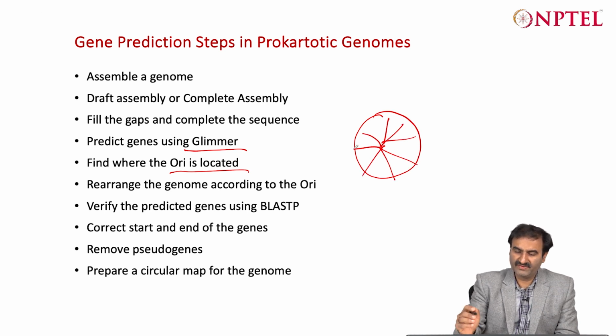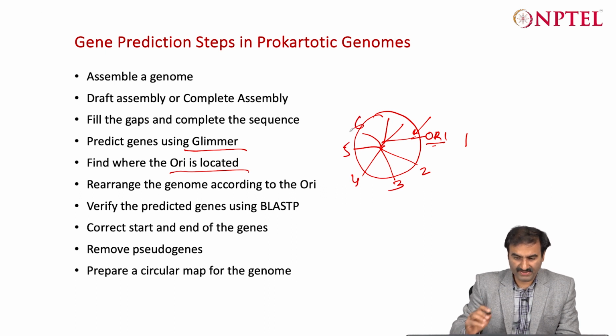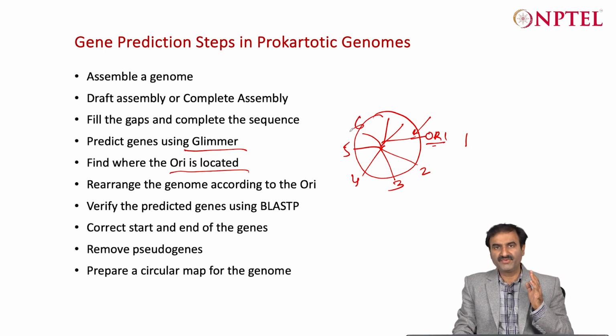So like this is a wheel, right? So you don't know which one is the first spoke. So your origin could be here, so you may like to give this as number 1 and then arrange all the genes as number 2, number 3, number 4, number 5, number 6, like that, okay. So that becomes the start of your genome. So you may like to find the origin of replication gene first and then rearrange all the genes.